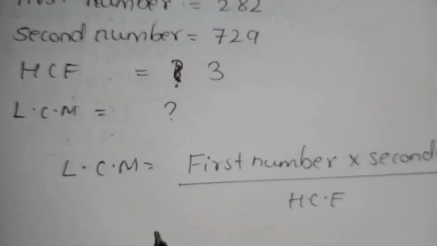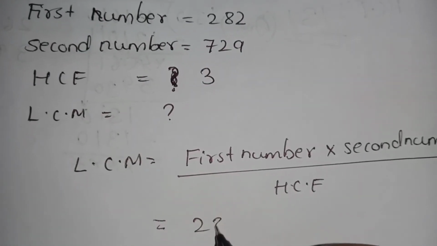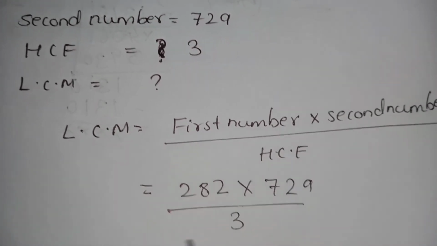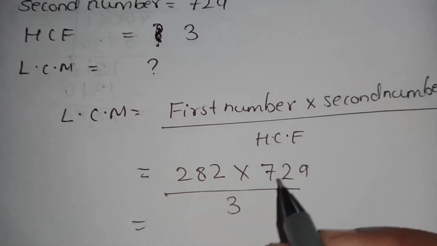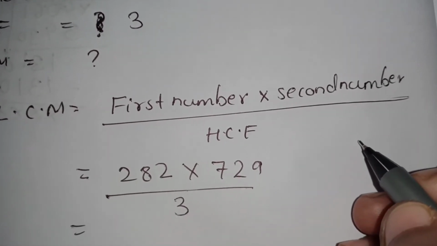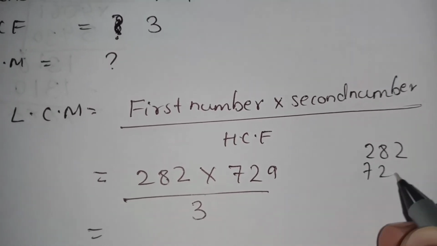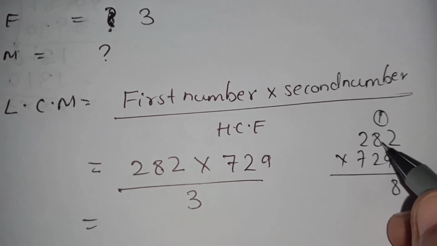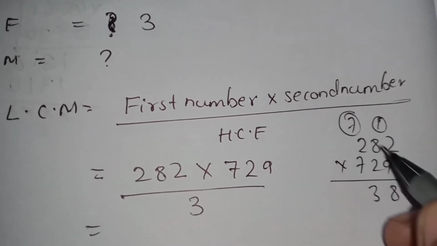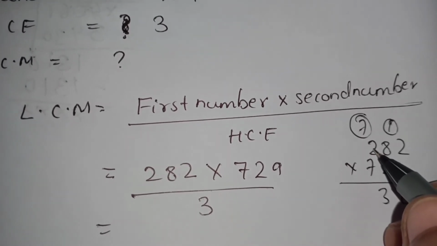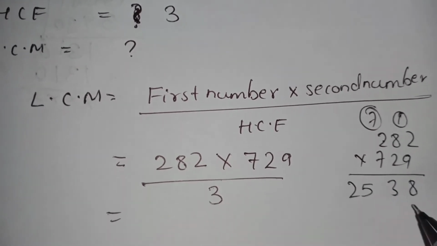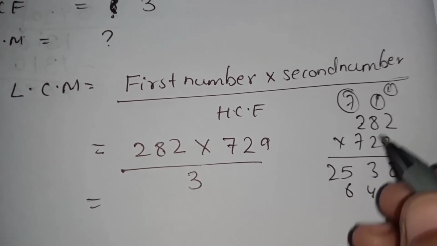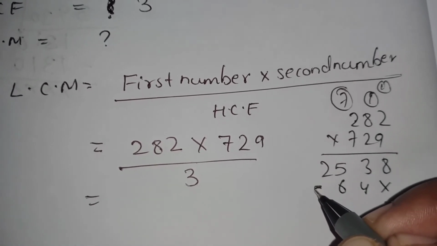Okay, so the first number is 282, the second number is 729, and the SCF is 3. So what you will do, you will multiply first this, then divide by 3. 282 times 729. 9 times 2 is 18, 1 given to it, 9 times 8 is 72, plus 1 is 73, 7 given, 9 times 2 is 18, 18 plus 7 is 25. 2 times 2 is 4, 2 times 8 is 16, 1 carry, 2 times 2 is 4 plus 1 is 5.